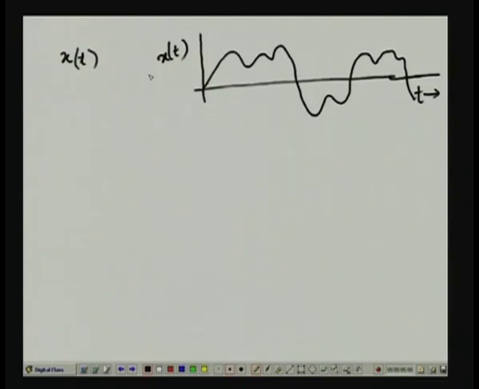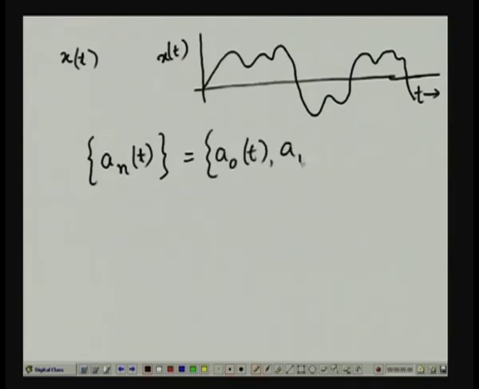By orthogonal, I mean that if I consider a set of real valued continuous functions, say a_n(t), which is equal to the set a_0(t), a_1(t), and so on.